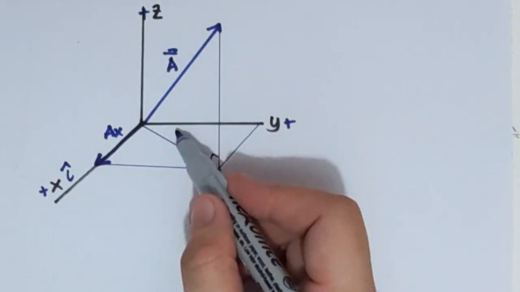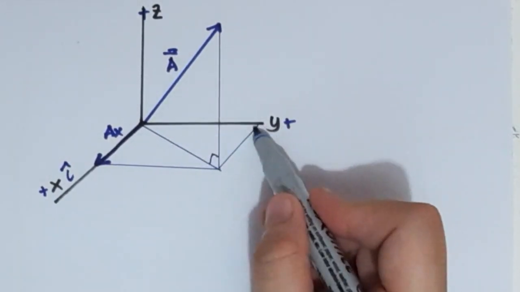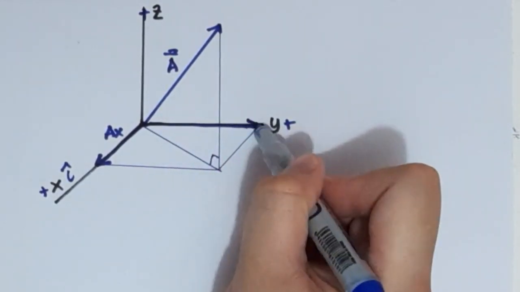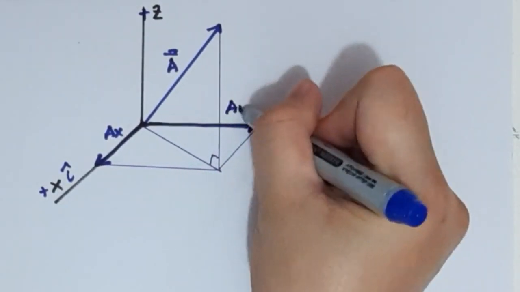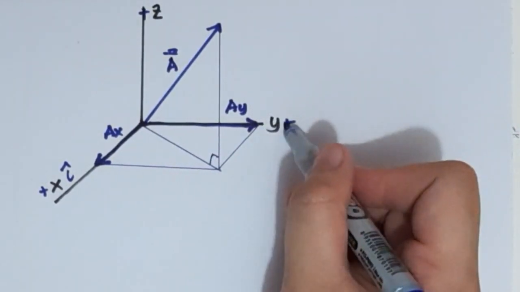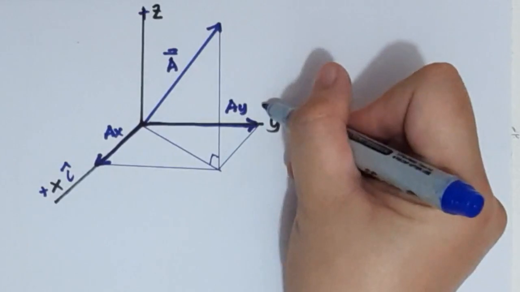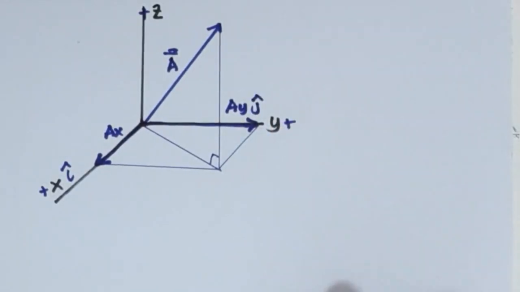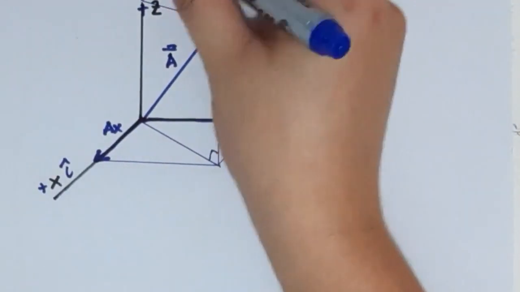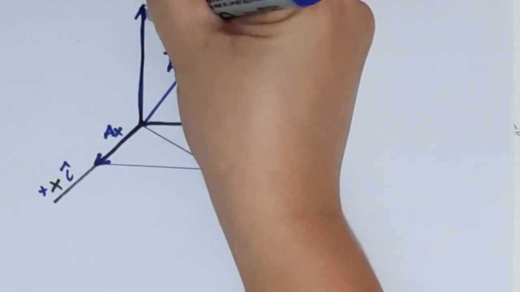While for my y, this is ay. This is the length of my component of ay in the y direction. So this will be j hat. And for my z, this is the component of my vector along the z-axis.